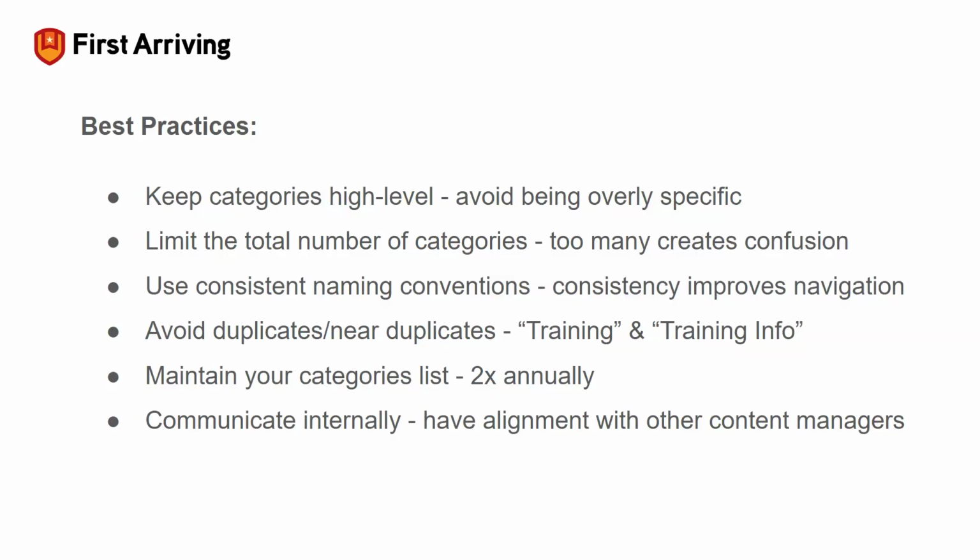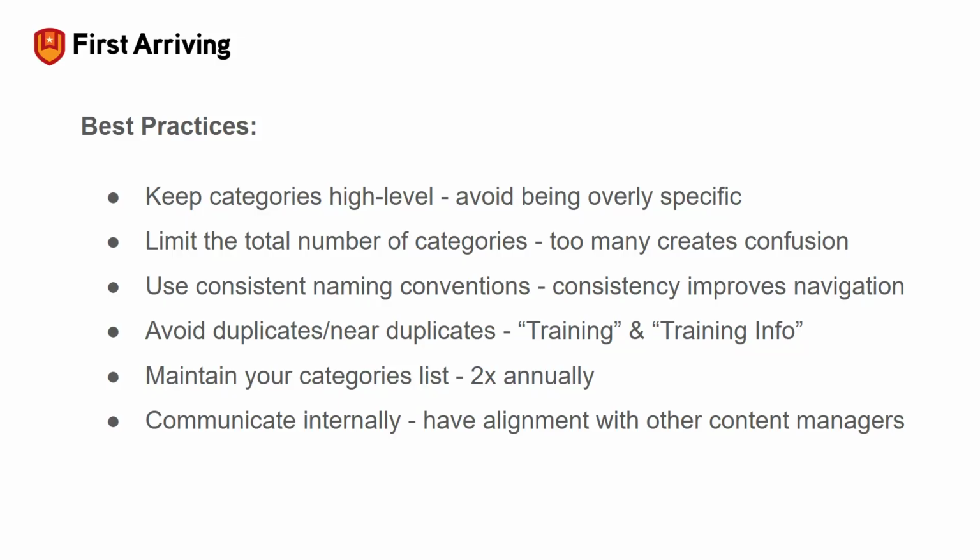Review your category list periodically. A couple of times a year is a good cadence. Retire outdated categories by renaming or merging them with others rather than deleting. And add new ones only when there's a genuine need for that. And another one is, especially if you're in a larger organization where there are multiple people managing your content and are in the system as admin users, communicate internal guidelines to anyone on your team who creates content.